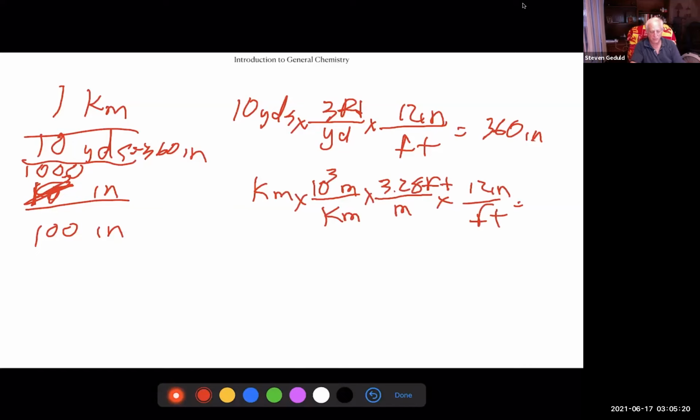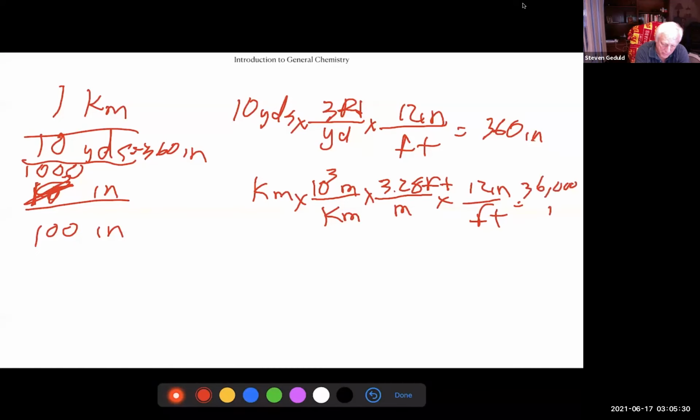Okay, so 3.28 times 12, about 36,000. I don't need to do it exactly. That's about 36,000 inches, a little bit more than that. So this one is 36,000 inches.